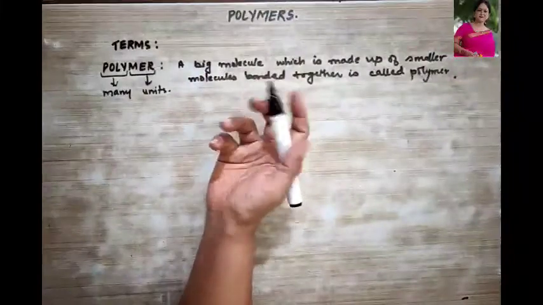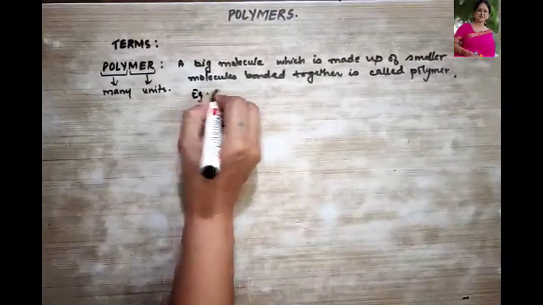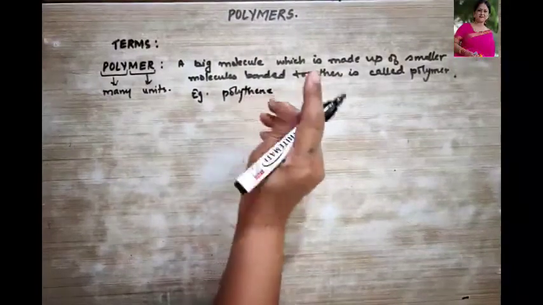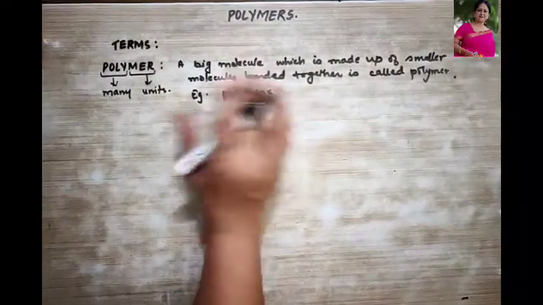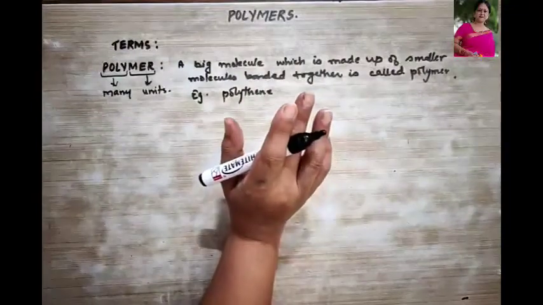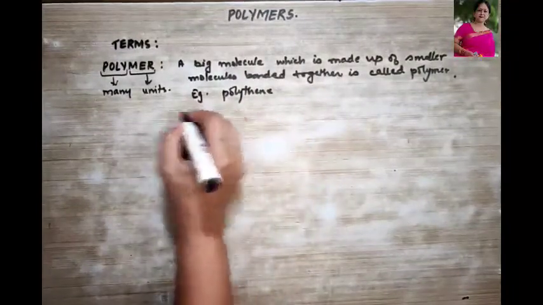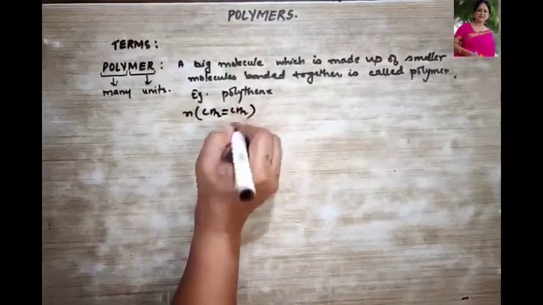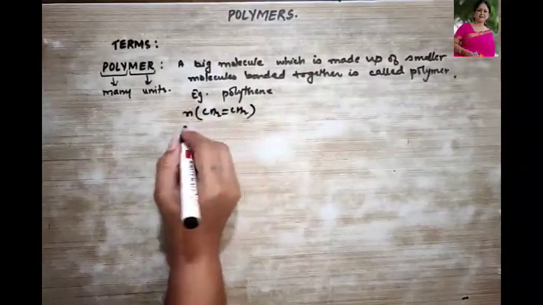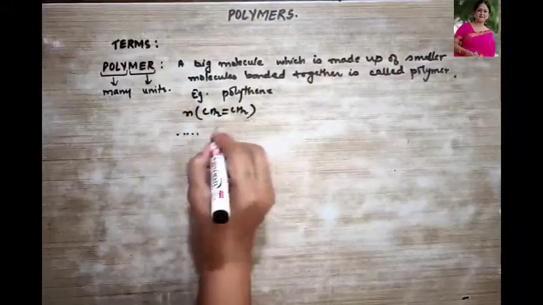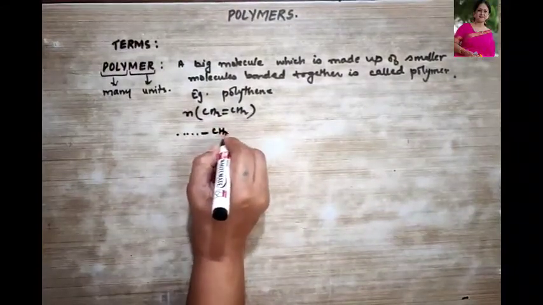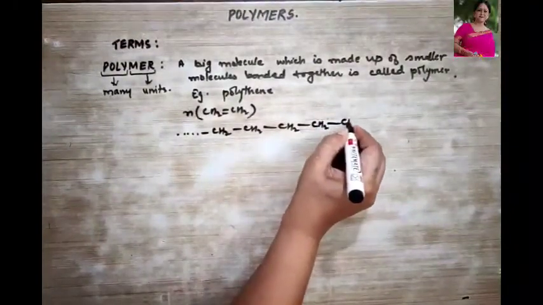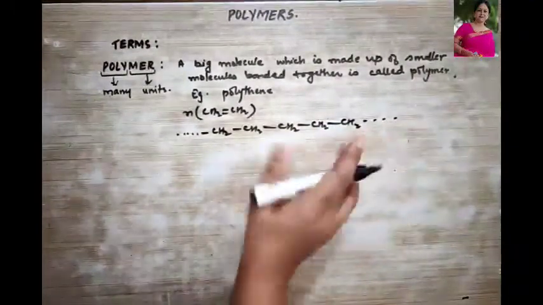We can take some examples, like polythene, as the word suggests, and you have also read about it earlier. It is composed of thousands of ethene units bonded together, isn't it? For example, n units of CH2 are found over here. So I can draw it like this. This is infinite, okay? CH2, CH2, CH2, CH2, CH2 and so on.